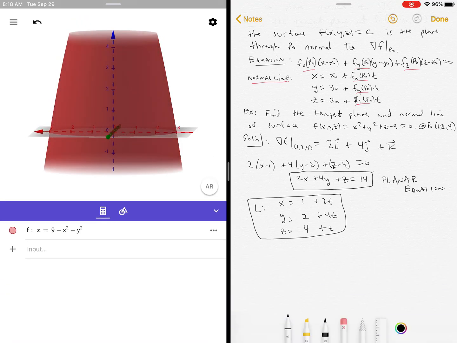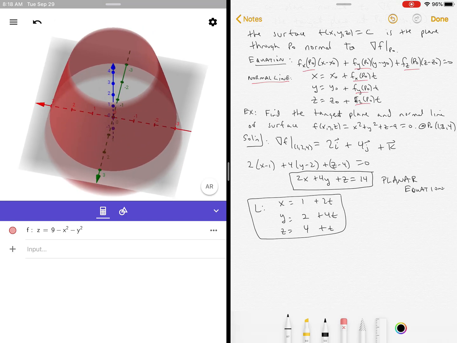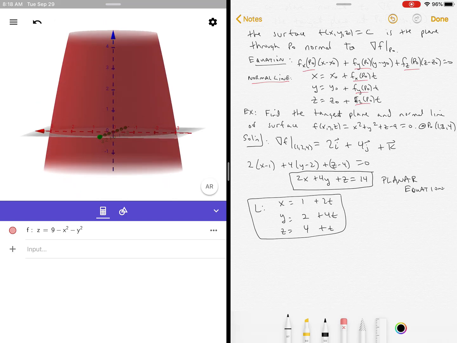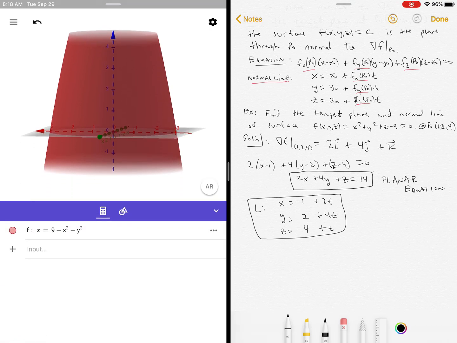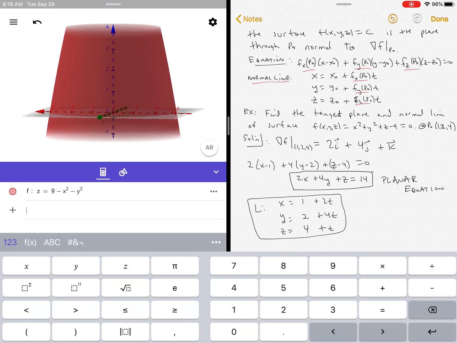Stop moving. It's chopping the top off. This makes a cone. Okay, so let's put our point on there. 1, 2, 4. It's up there.